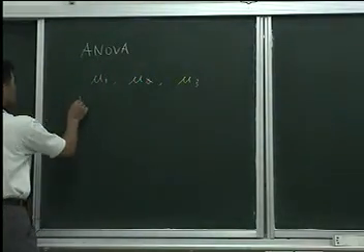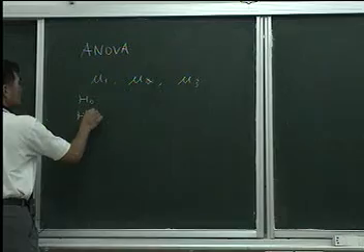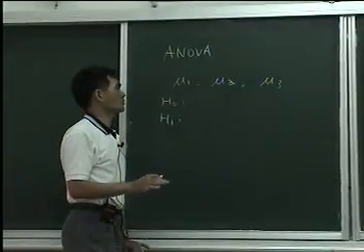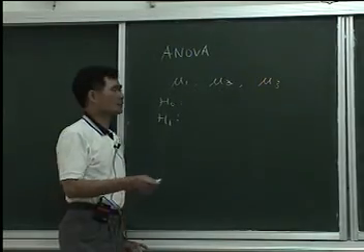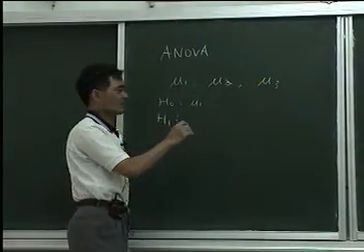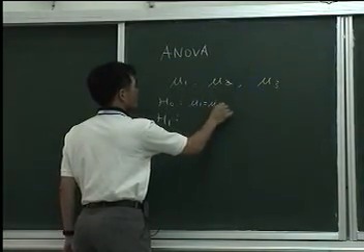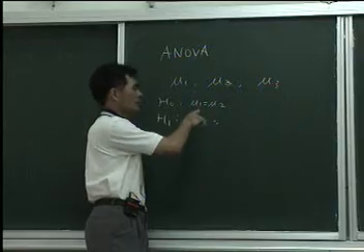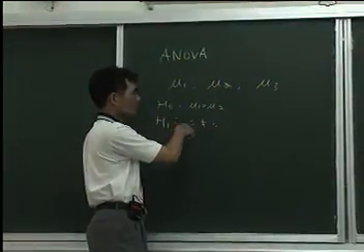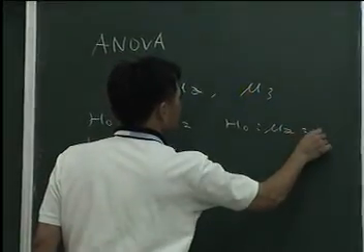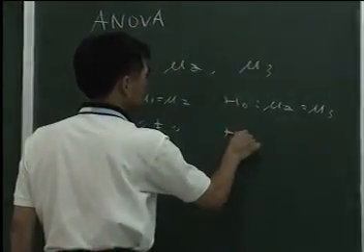We mentioned this before. In this case, if you want to test whether these 3 small populations have equal means or not, you have to do 3 hypothesis tests. First one, mu1 is equal to mu2 or not. You have to test it. The second one, mu2 and mu3.